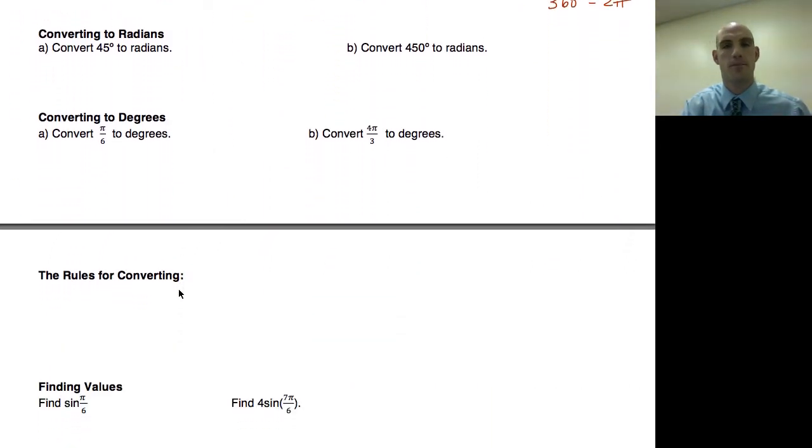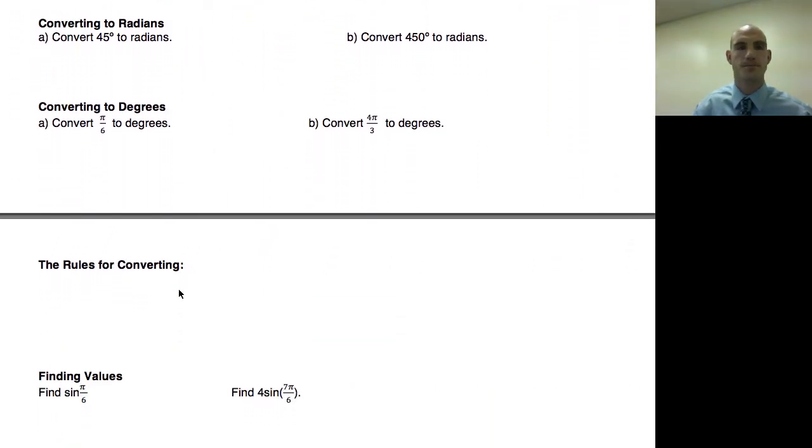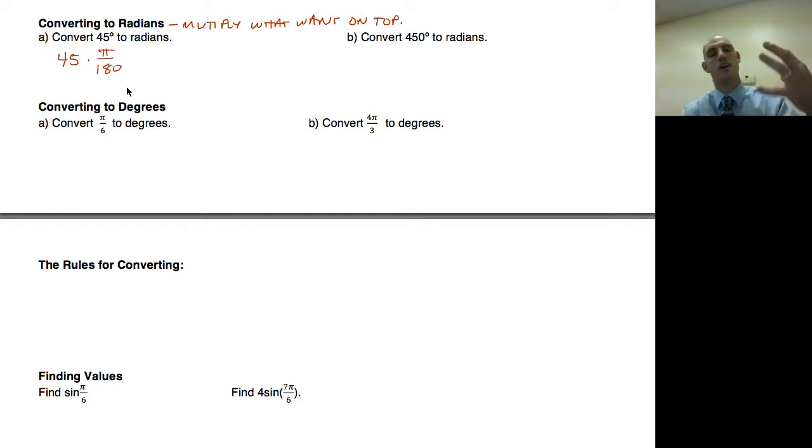The best way is to show it. When we're converting, we want to multiply by what we want on top. So if I'm converting to radians, I'm multiplying with the pi on top. So this is going to be 45 times pi over 180, because it's going to give me a fraction of 180, because 180 is halfway around.